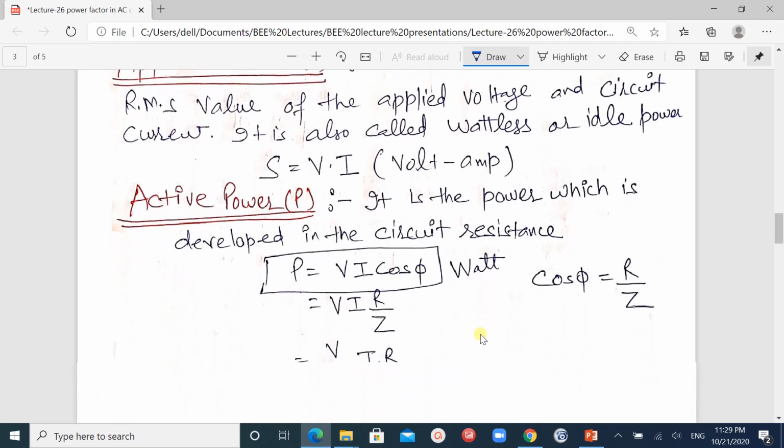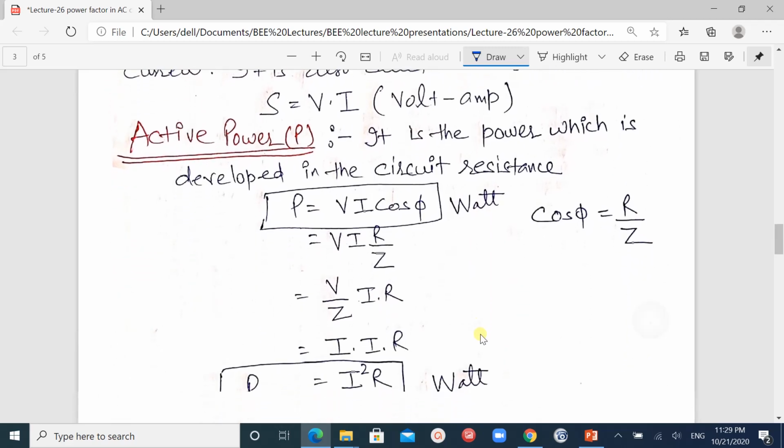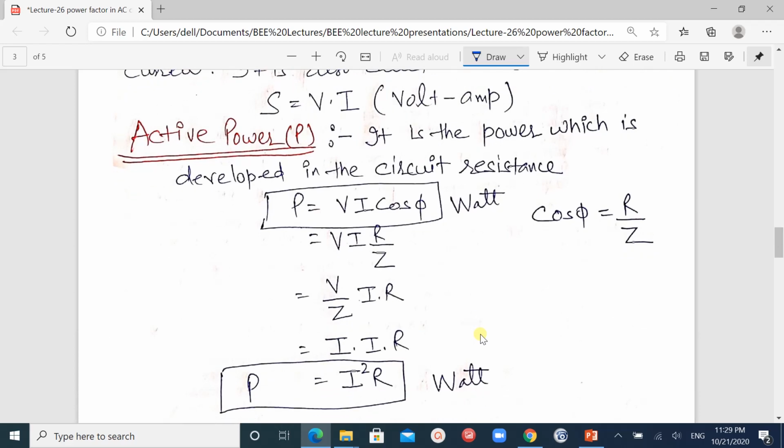Then active power. Active power is the power which is developed in the circuit resistance. P equals VI cos phi, and cos phi, as we know, is R upon Z. We put this value in here.